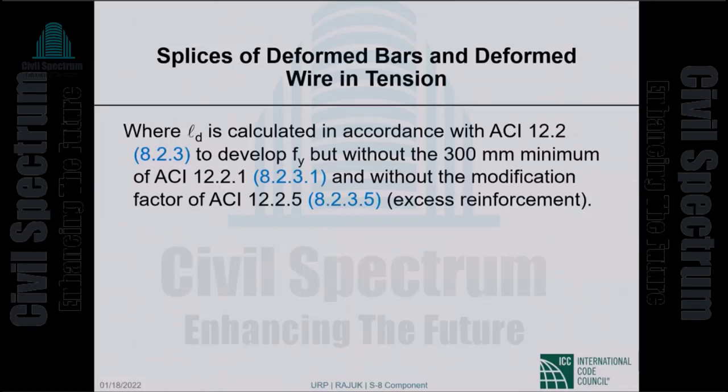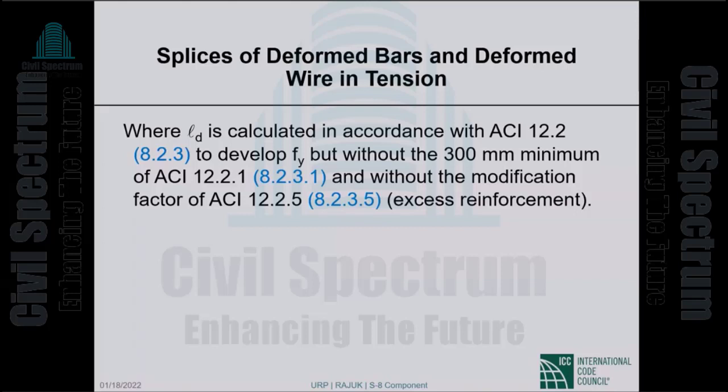You could use the table or the expression. The development length itself had a minimum on it of 300 millimeters, 12 inches. So if it is a class B splice and the splice length is 1.3 times development length, the minimum will apply on the splice length, not on the development length.